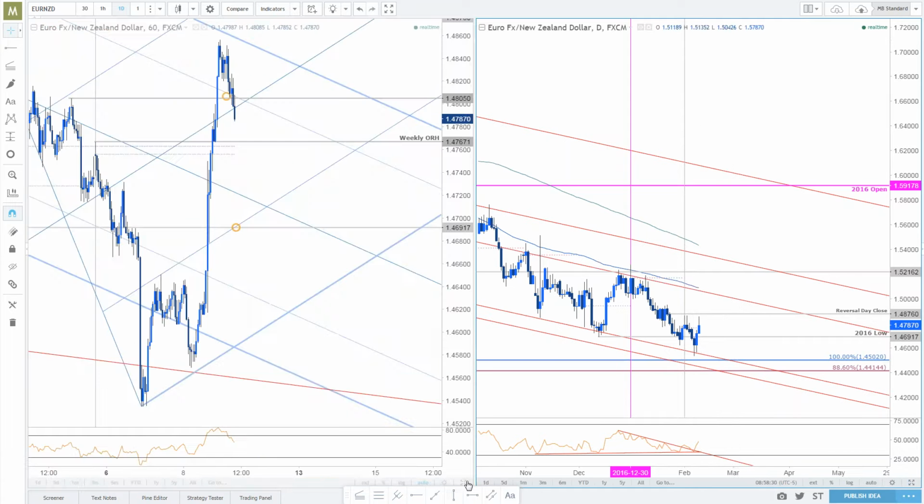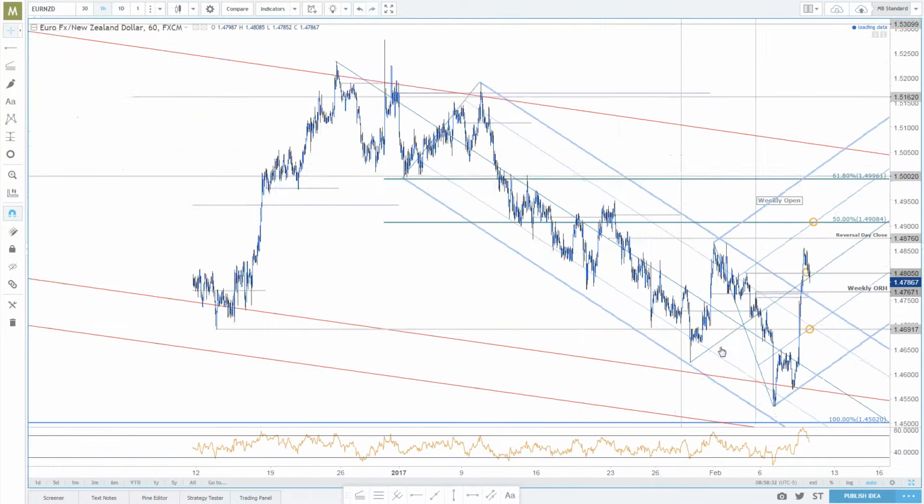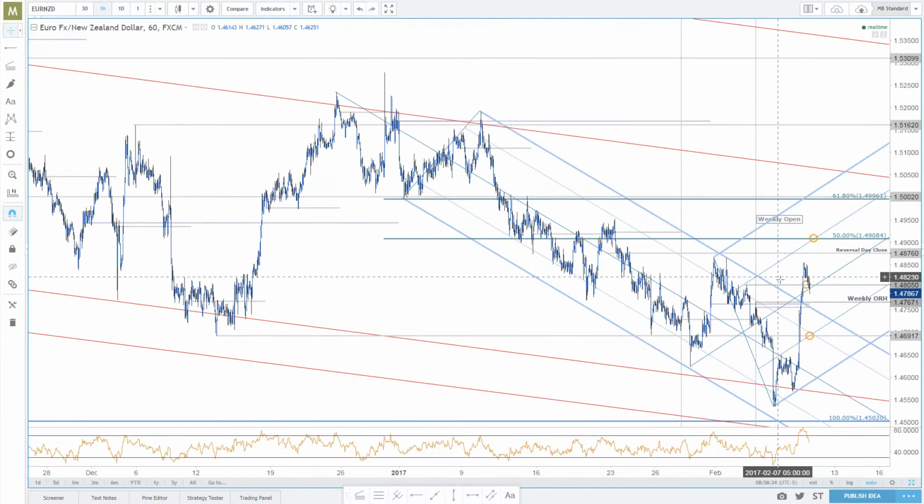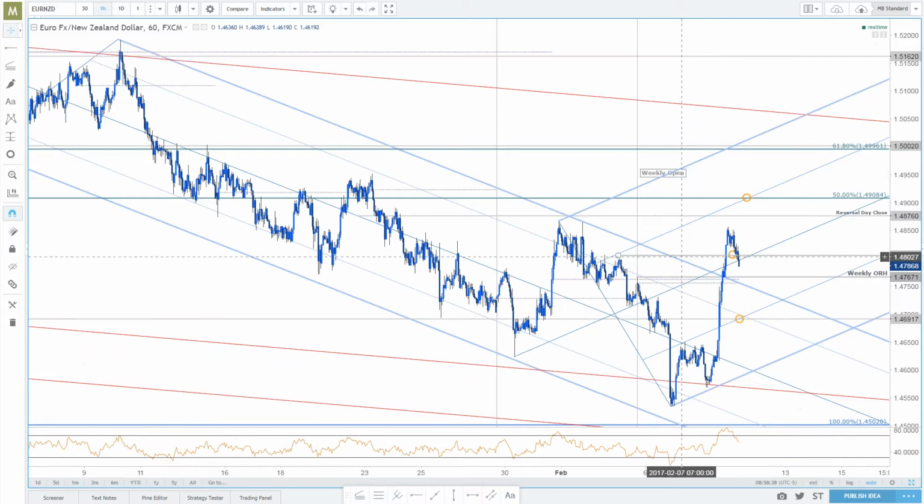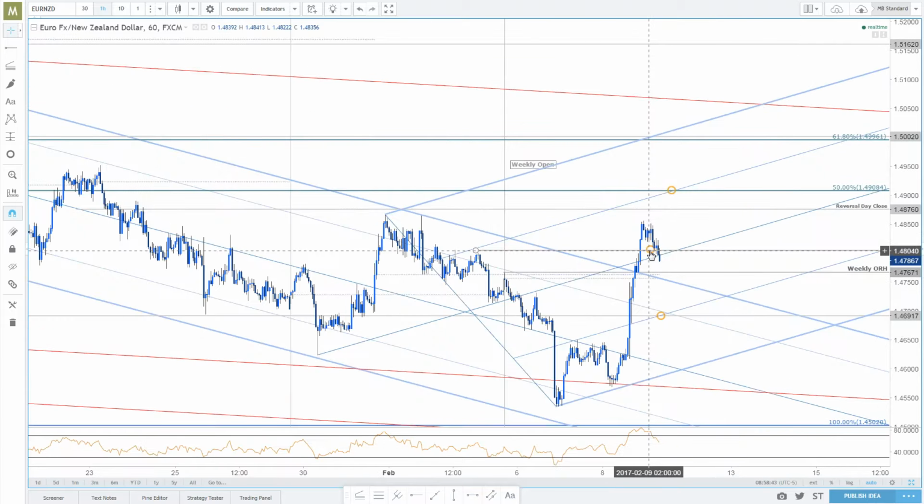Here's what the intraday chart looks like. The rally has taken you through downslope resistance, so I'm looking for that same downslope resistance to offer some support, and that takes support into this region. You have the monthly open, the weekly open, and the weekly opening range high.